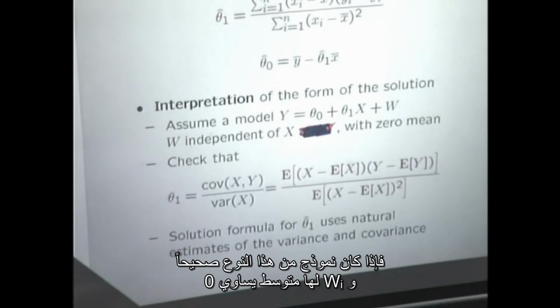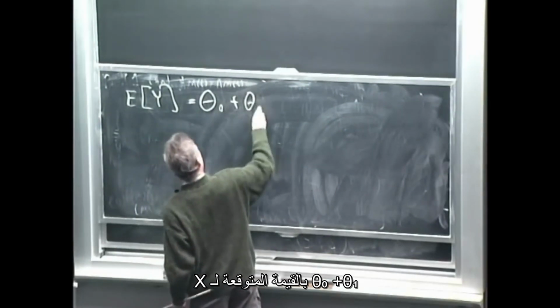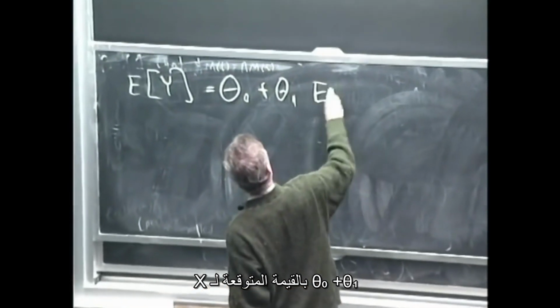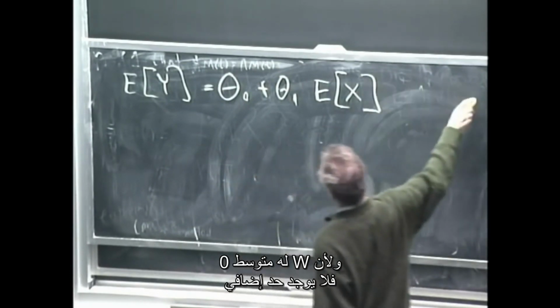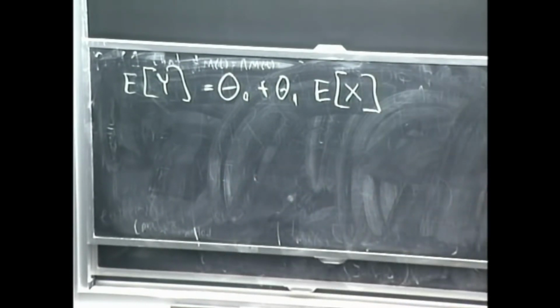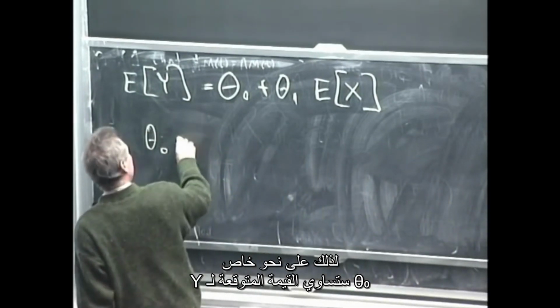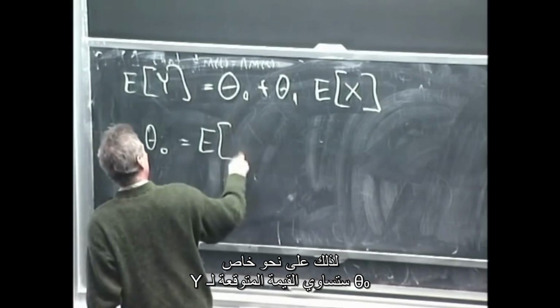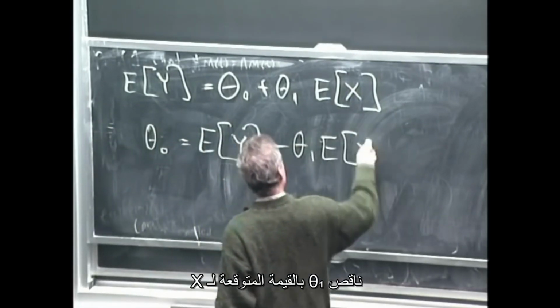If a model of this kind is true, and the w's have 0 mean, then the expected value of y would be theta 0 plus theta 1 times the expected value of x, and because w has 0 mean, there's no extra term. So in particular, theta 0 would be equal to the expected value of y minus theta 1 times the expected value of x.